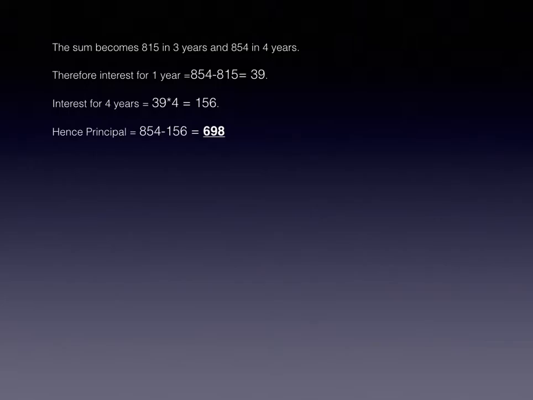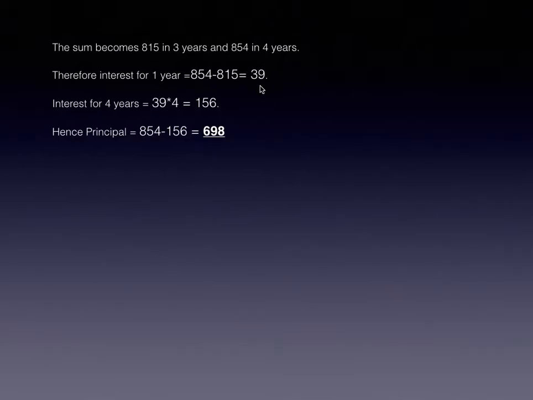Okay, the sum becomes 815 in 3 years and 854 in 4 years. Therefore, the interest for 1 year, how can we calculate? Take the difference of 854 and 815. It will give us the simple interest for 1 year, that is 39.